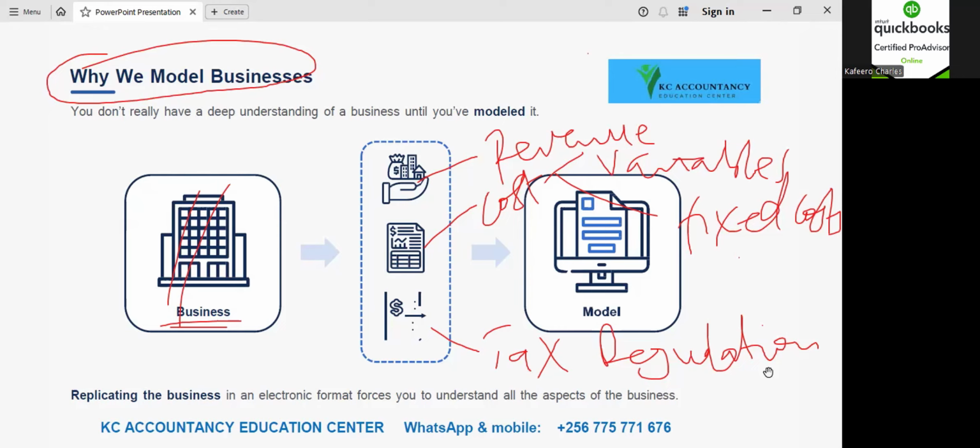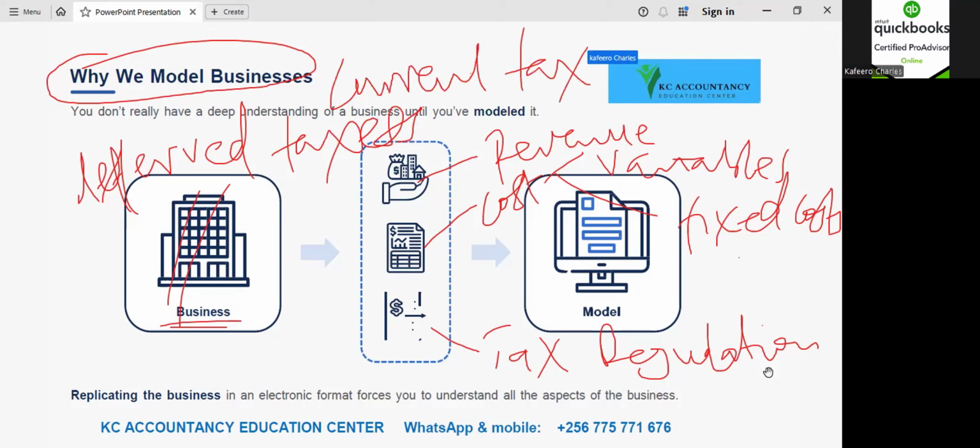In other words, we need to know whether we are going to have what we call deferred taxes, or we are going to have current taxes. So that's all by understanding the business, all the different aspects of the business that we are dealing in.